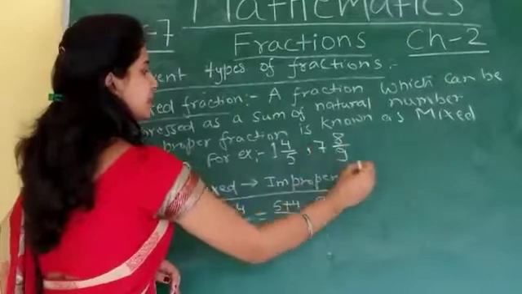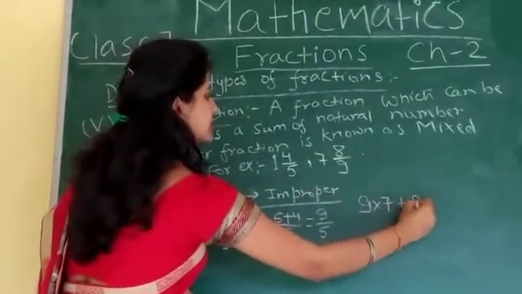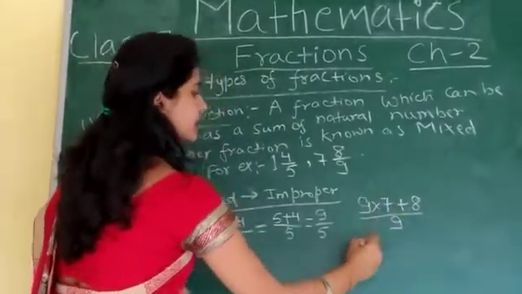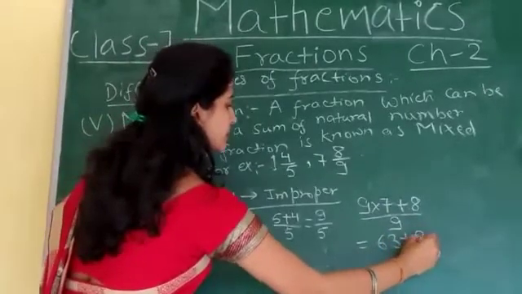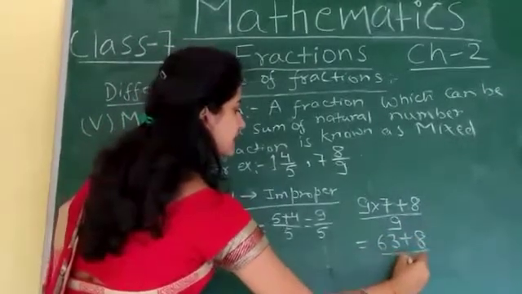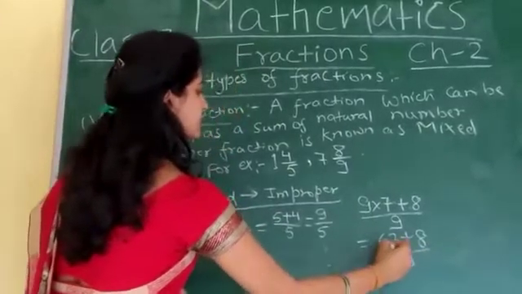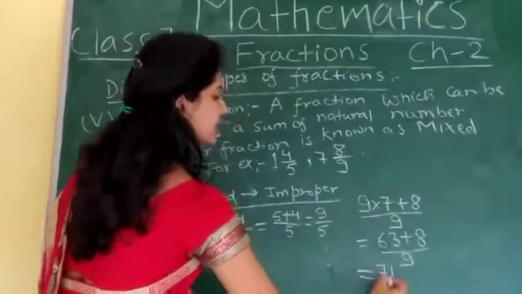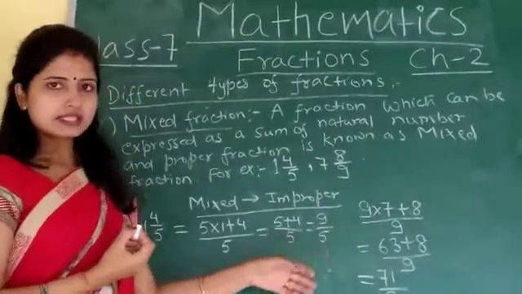So 9 multiplied by 7 plus 8 by 9, that is 63 plus 8 by 9, that is 71 by 9 is the answer. Write it down.